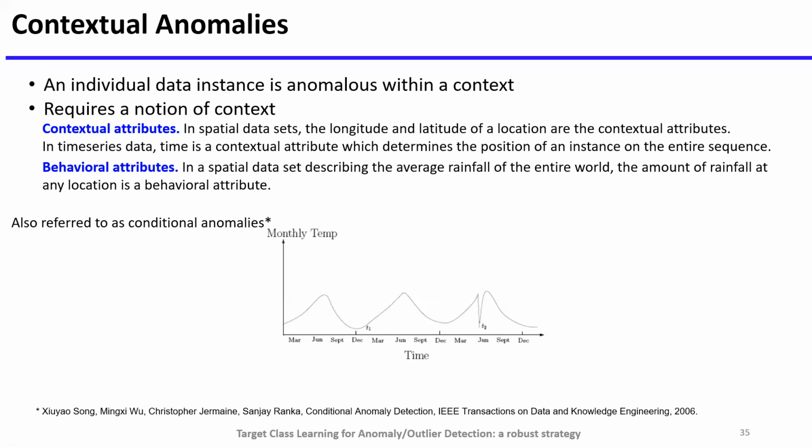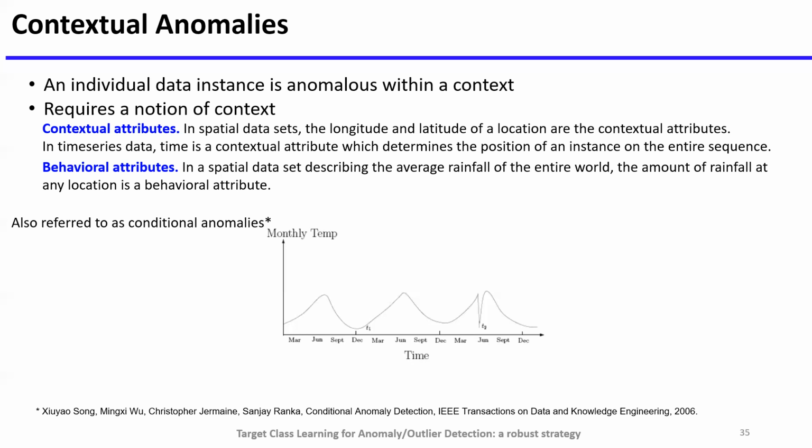If we are considering the contextual anomaly, we will be handling two types of attributes. One is the contextual attributes. For example, in spatial data sets, the longitude and latitude of a location are the contextual attributes.